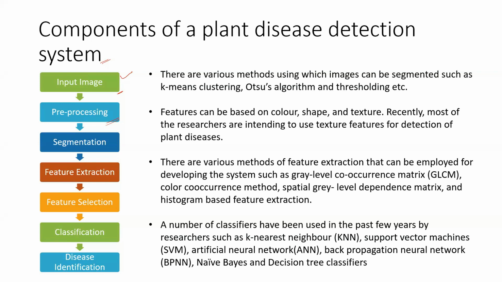It is very important that you see the images carefully. If there is a need for pre-processing, do it, and then start further processes like segmentation, feature extraction, selection, and then classification. After classification, you have the disease identification.